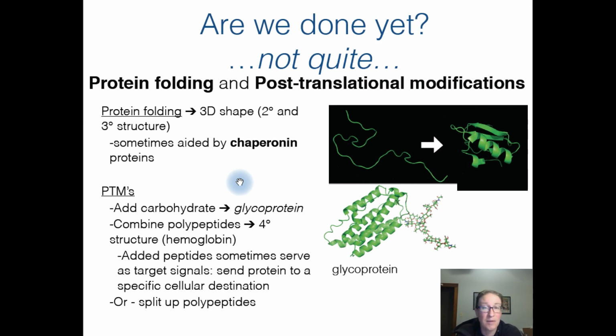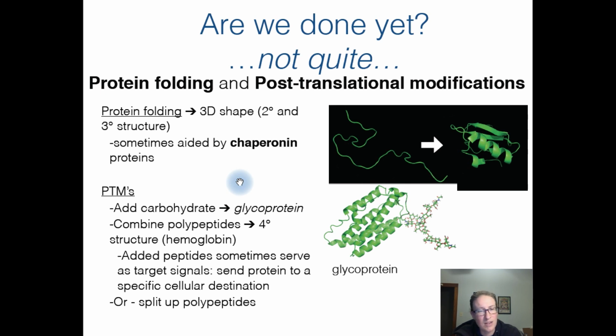In addition, the process of combining together multiple polypeptides, establishing a protein's quaternary structure, is another type of post-translational modification. We've seen an example of a protein that has quaternary structure. The molecule hemoglobin is composed of 4 different amino acid subunits, 4 different amino acid chains.